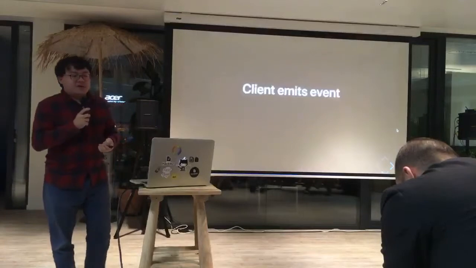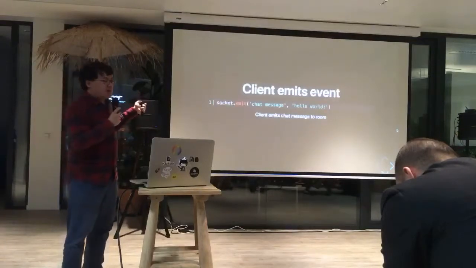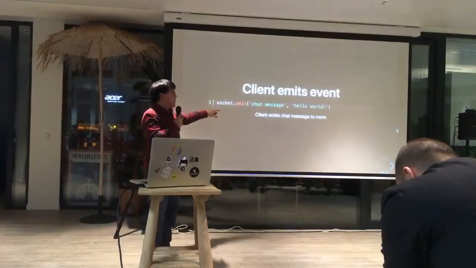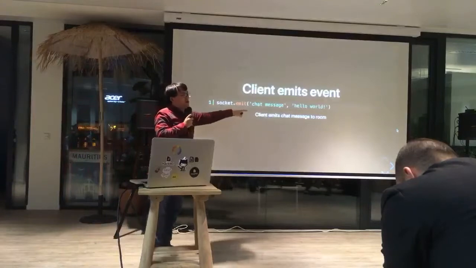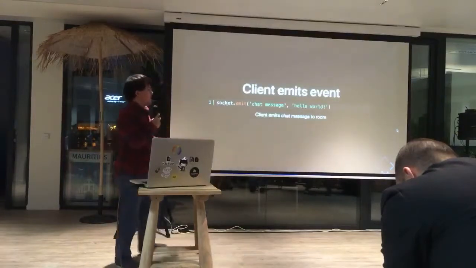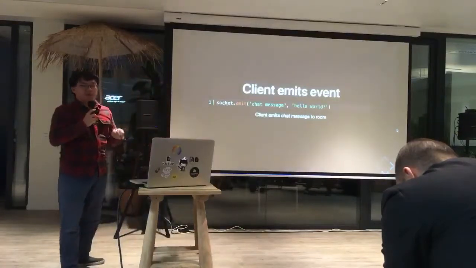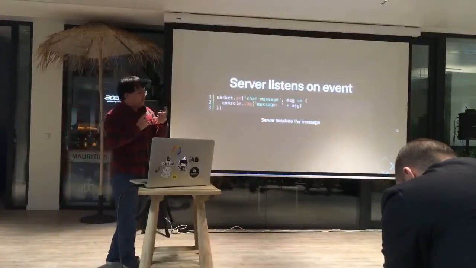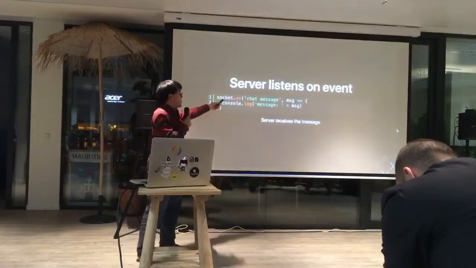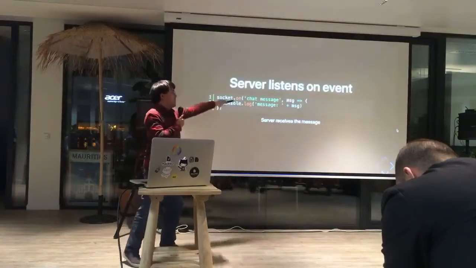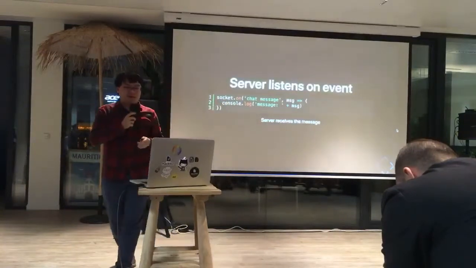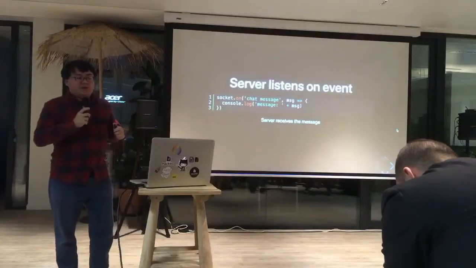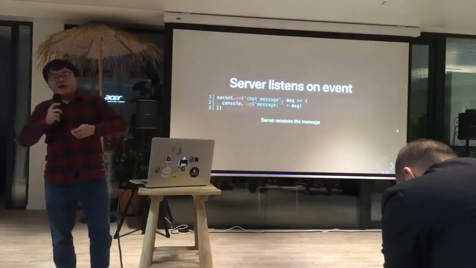The client will emit an event, like socket emit, with the event name and the event data. This is a message, hello world. So the client emits chat message to the room. The server listens to the same event name, called chat message, and you will receive the message here, and you can log it. And now you receive the message that's sent from the client.